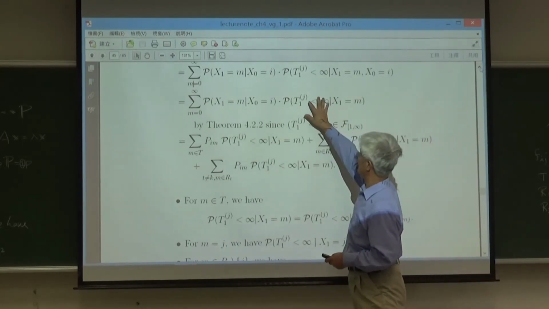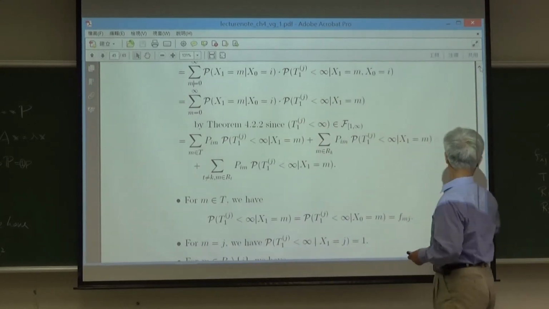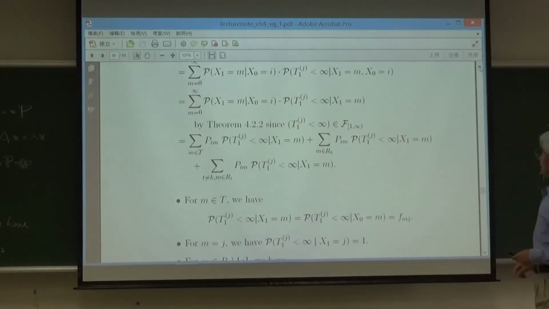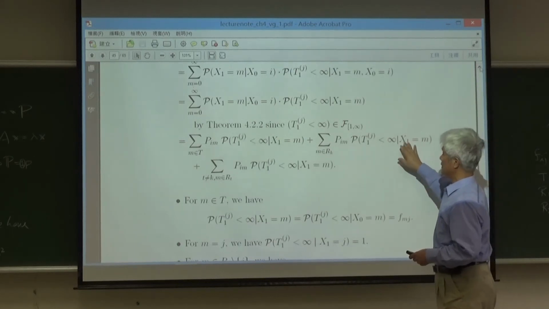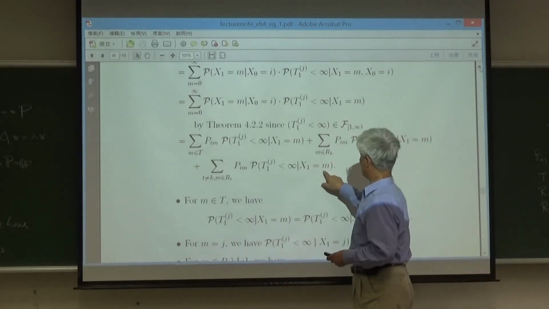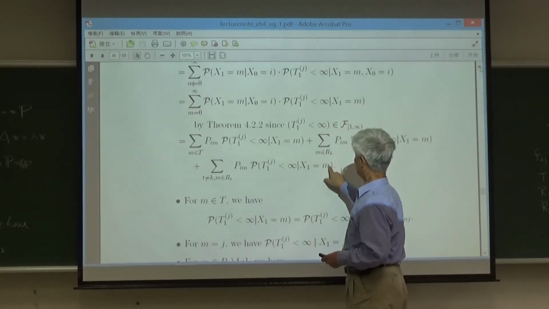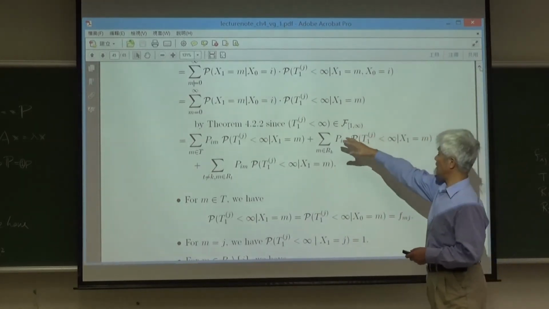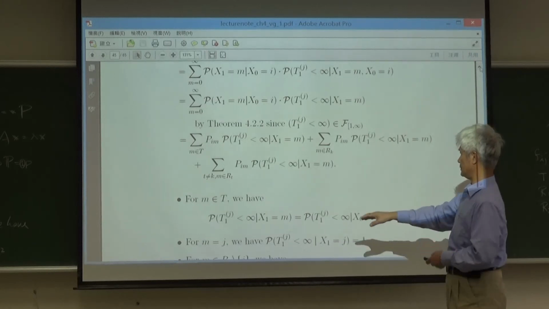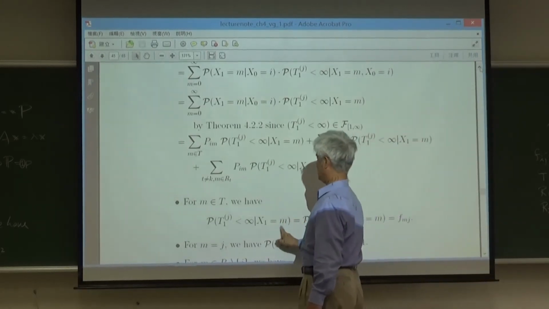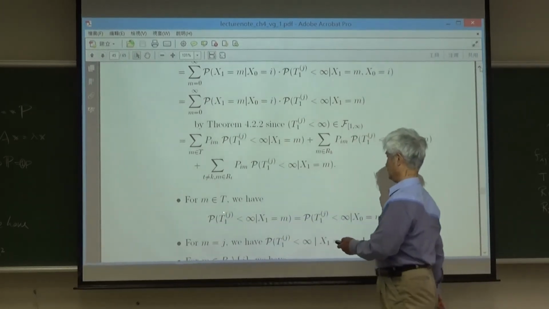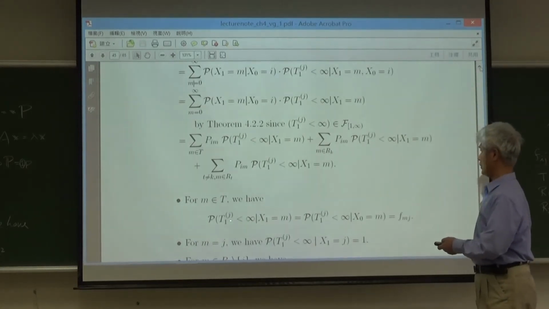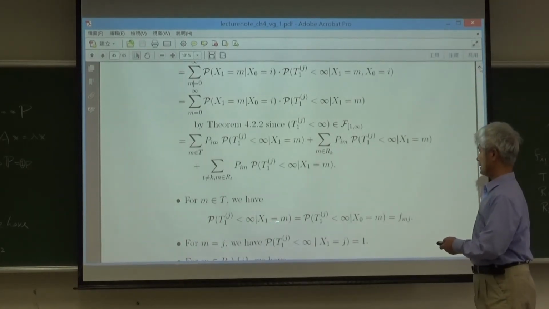So J is in, okay, and so if M is in the, so let's say, we consider one by one. First case is that if M is a transient state, right?